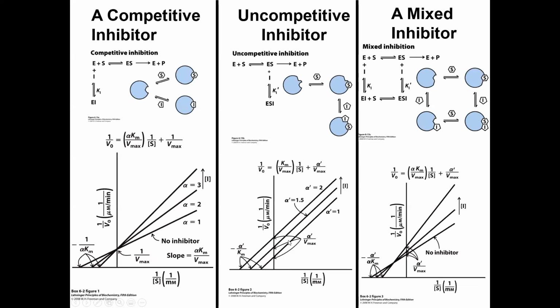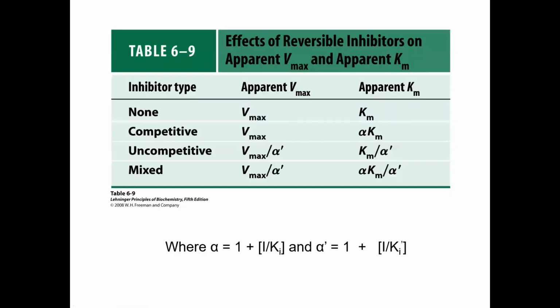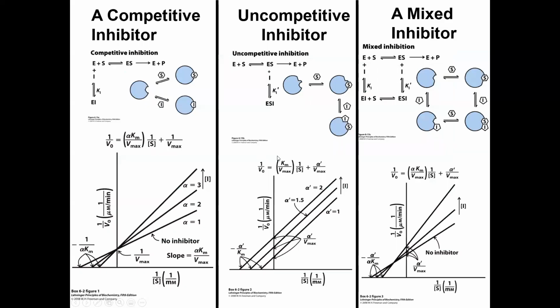When you see parallel lines, you are seeing that your Vmax and Km both change, but they change by the same parameter, 1 by alpha prime, in the case of uncompetitive inhibition. Again, alpha is 1 when there is no inhibitor, and then it increases. When you see such parallel lines, you know that you have an uncompetitive inhibitor that only binds to the enzyme-substrate complex. When substrate binds, it creates the binding site for the inhibitor.